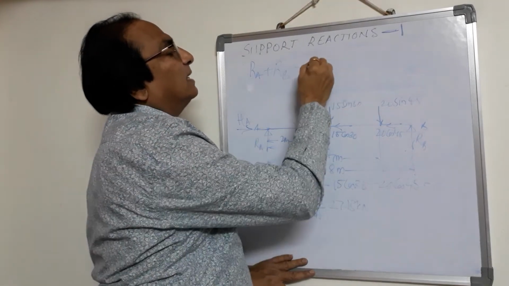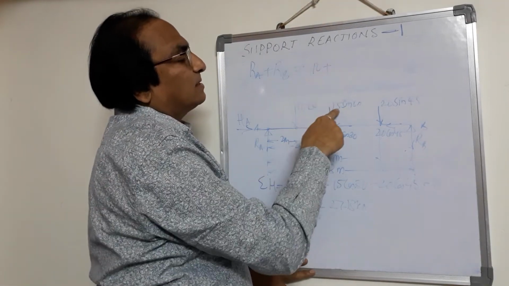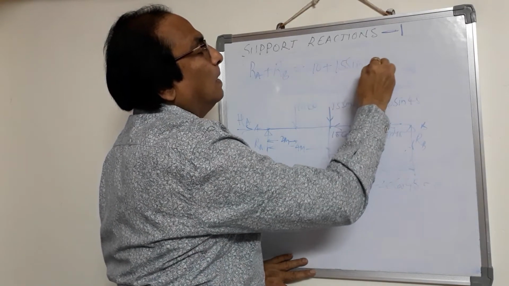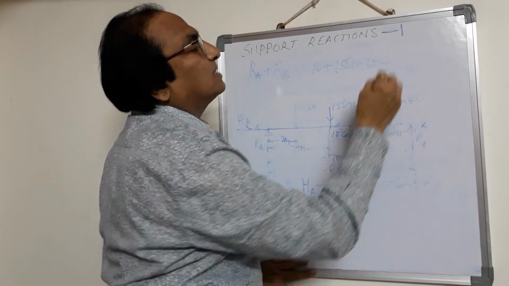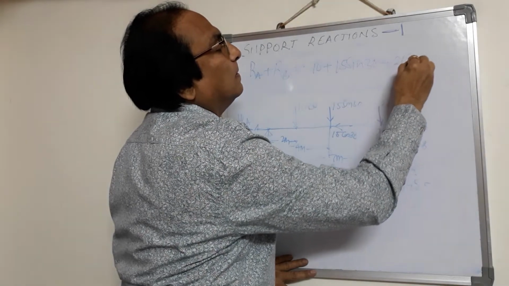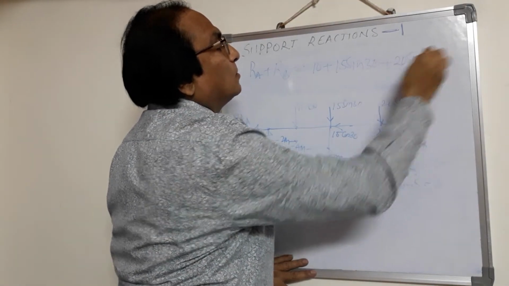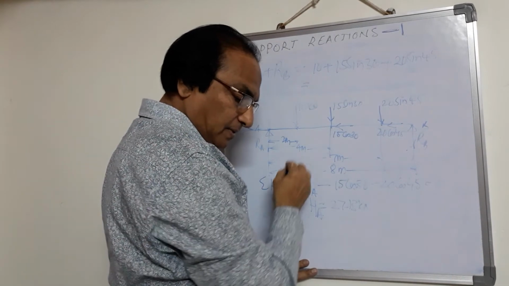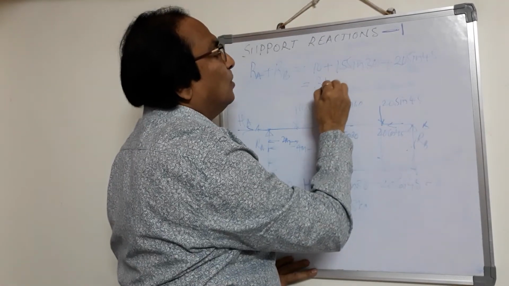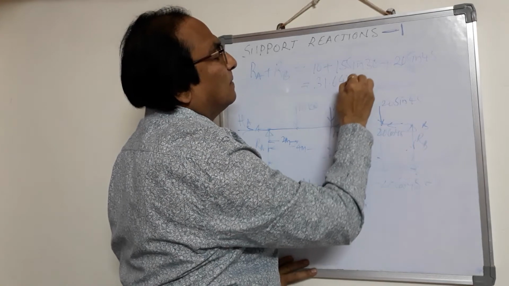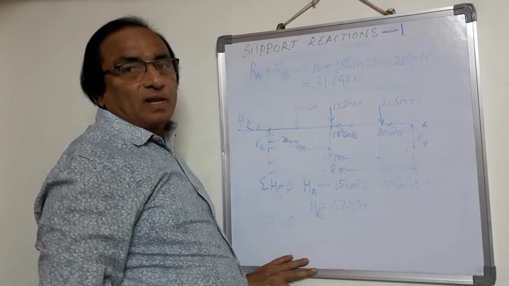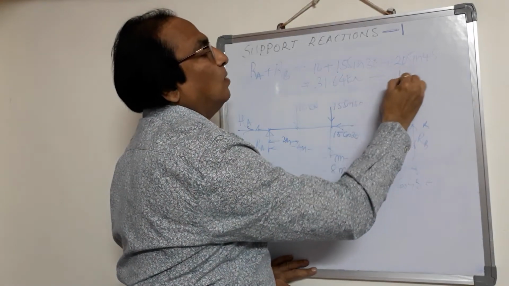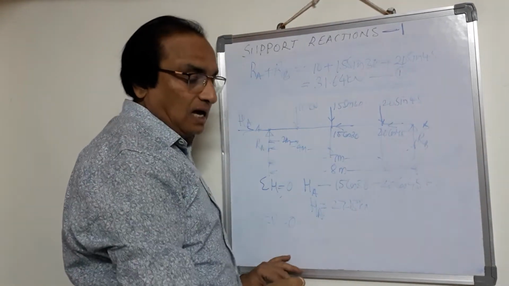Downward load acting is 10 plus 15 sin 30 plus 20 sin 45. If you simplify this equation, you get RA plus RB is equal to 31.64 kilonewton. Let us call this equation 1.